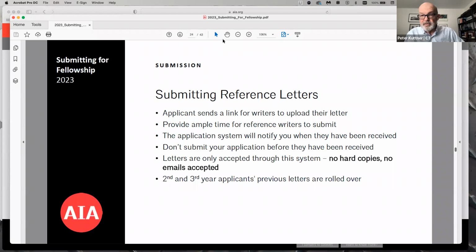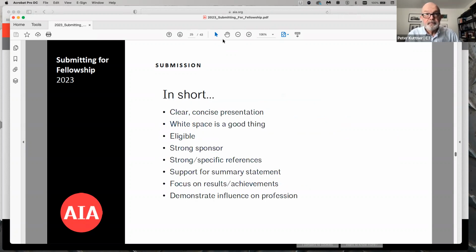So you can add those to your list, but you can also have your two new reference letters respond to them. So clear, concise presentation. Here's the white space reference. You wouldn't believe how crowded some of these pages are. And you have to be eligible. They'll let you know that right off the bat. Good sponsor. So this is all kind of common sense after the rest of the show.